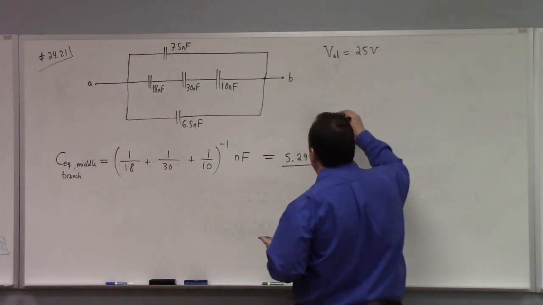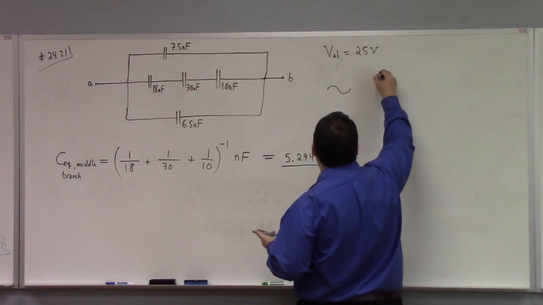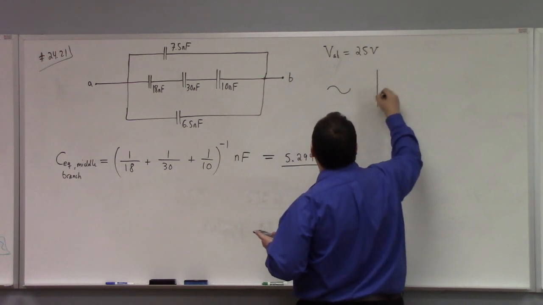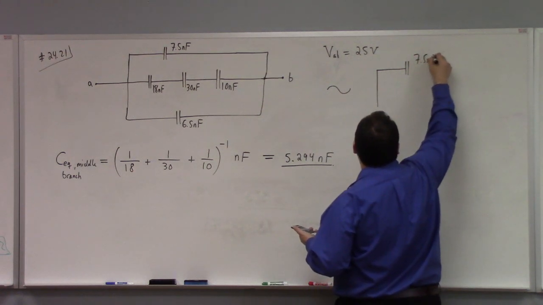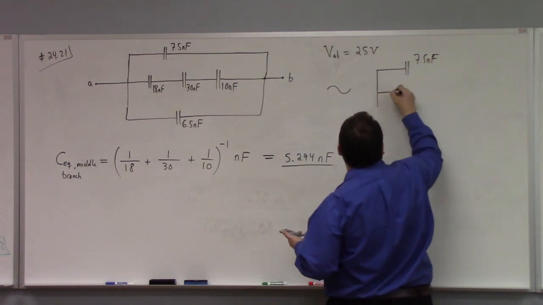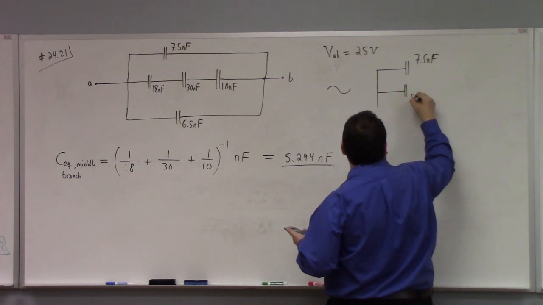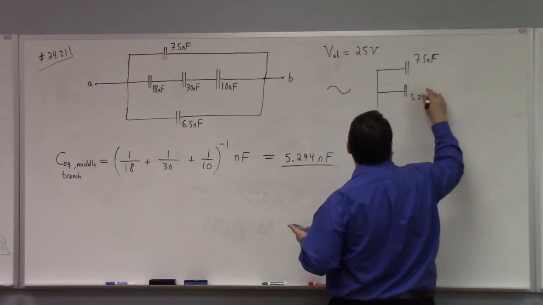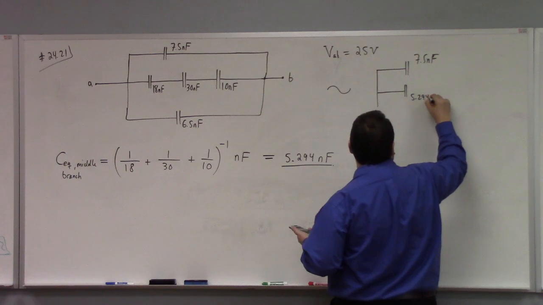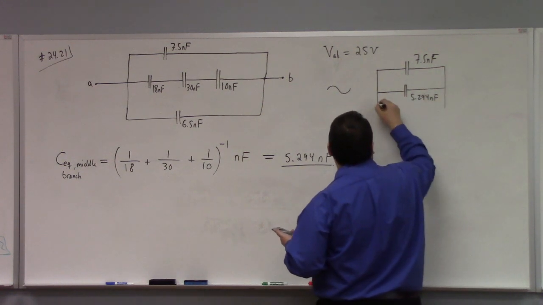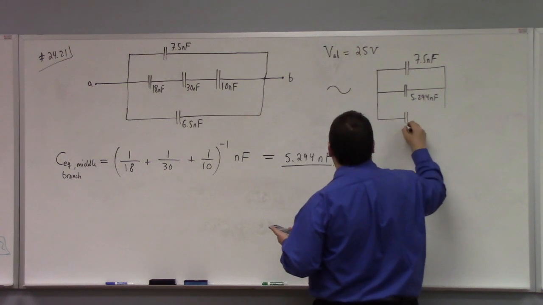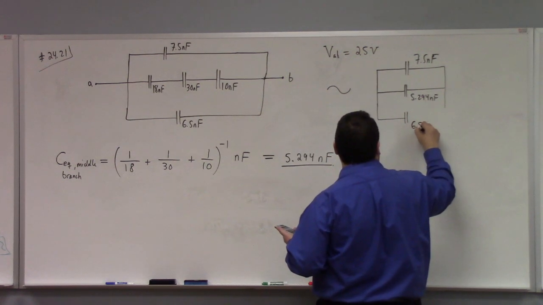All right, so essentially, this is the same as if you've got 7.5 nanofarads in parallel with your 5.294 nanofarad equivalent capacitor for the middle branch. It's cool that the equivalent capacitor notion, you can keep applying it in stages.